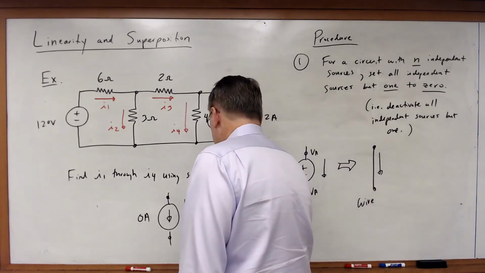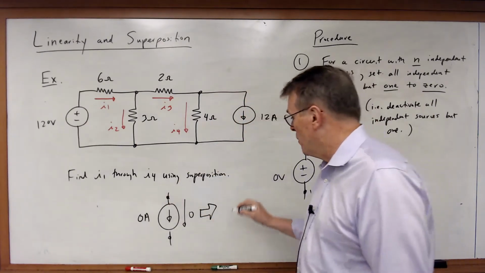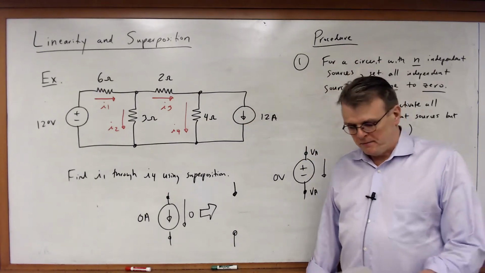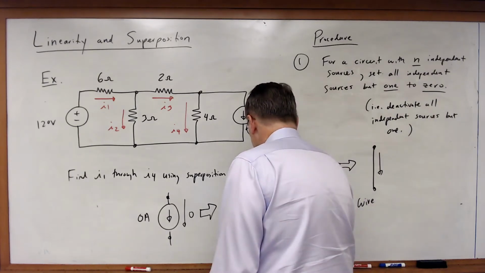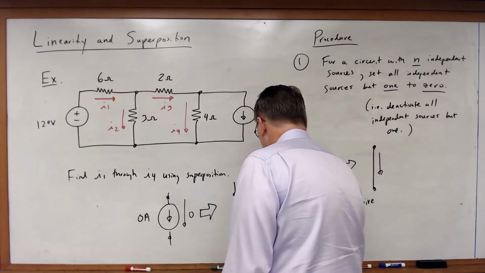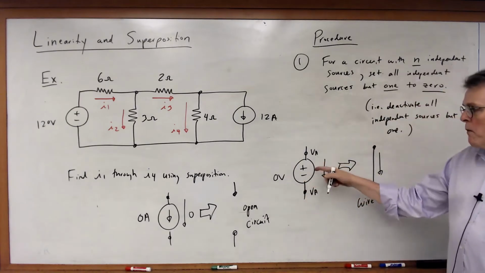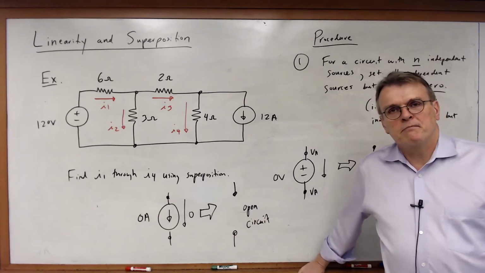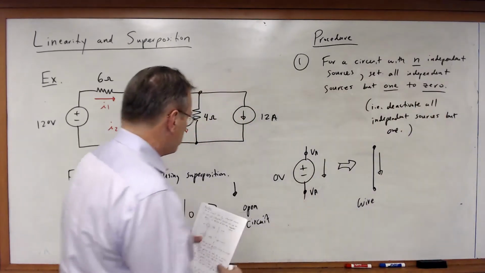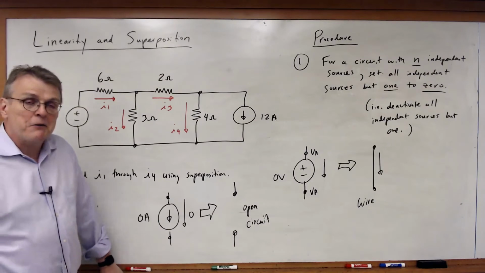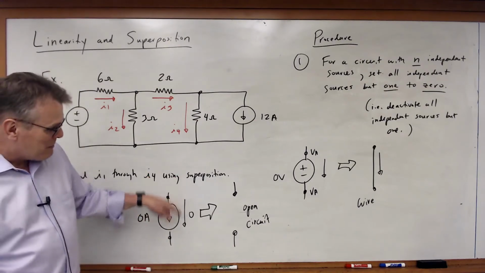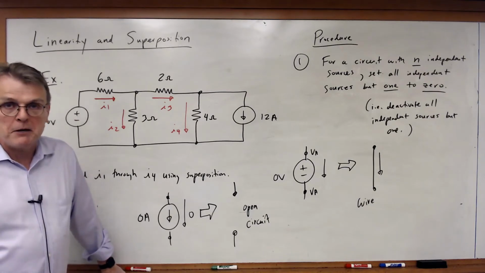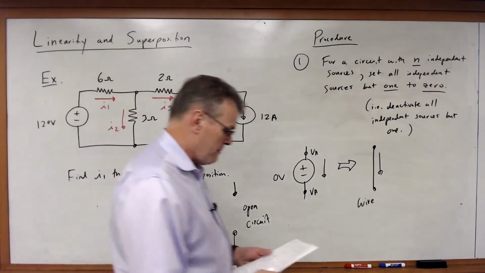Well, it turns out that a 0 amp current source is no different than an open circuit. So zeroed voltage sources become wires, and zeroed current sources become open circuits. You have to remember this, and incidentally this is a very common error that students will make. They will sometimes short out a current source instead of opening it up and turning it into an open circuit when they apply superposition. All right?